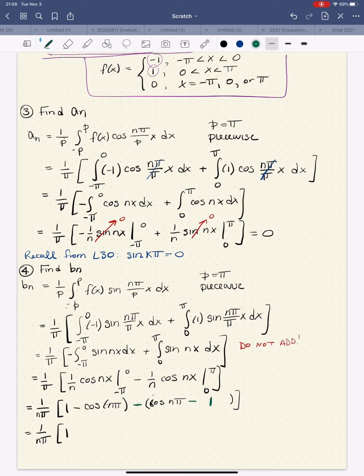So you can see that we're going to end up with 2 here. So I will have a 2. And notice I have a negative cosine of negative n pi. Some of you may have already figured this out, that cosine of negative n pi is actually cosine of n pi because cosine is an even function. So we have 2 cosine of n pi terms here, and they're both negative. So in this line below, I have 2 minus 2 cosine of n pi.